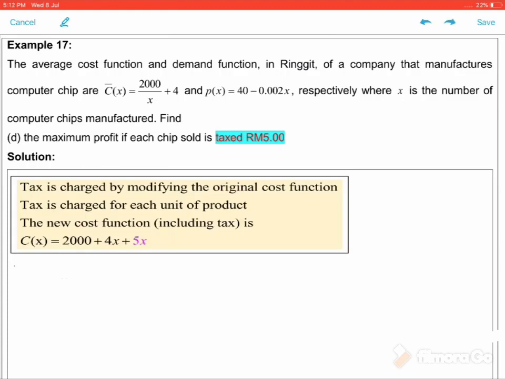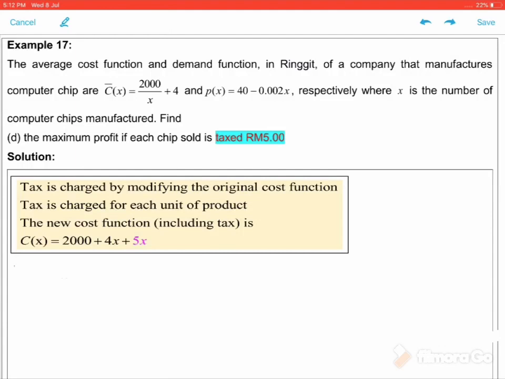Tax is charged by modifying the original cost function. Tax is charged for each unit of product. So for this question, the new cost function, including tax, is C(x) is equal to 2,000 plus 4x plus 5 ringgit multiplied with x, the units of product produced.